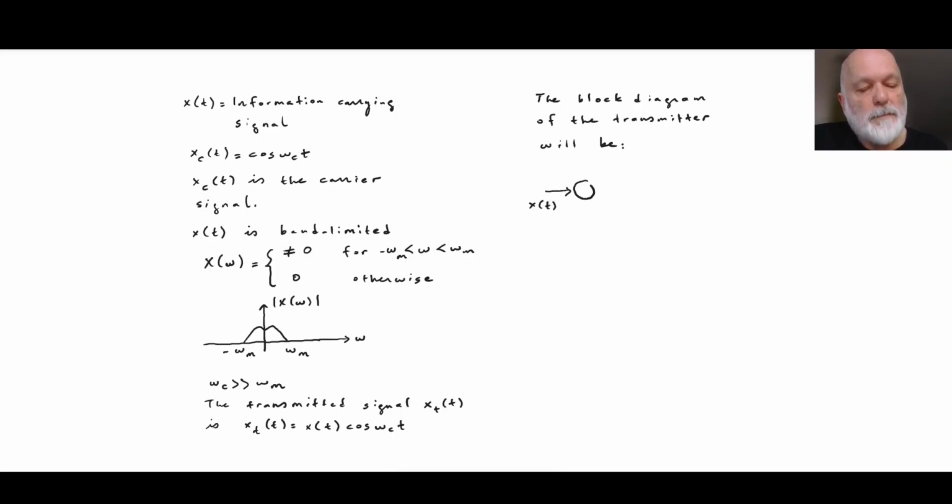We multiply it with x c of t, which is cosine omega c t, and the output is the transmitted signal x t of t.